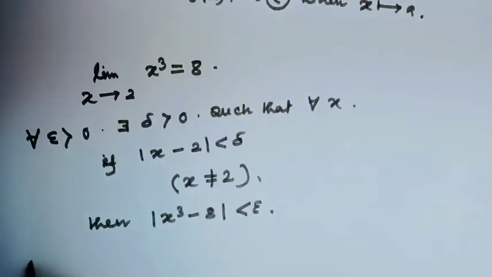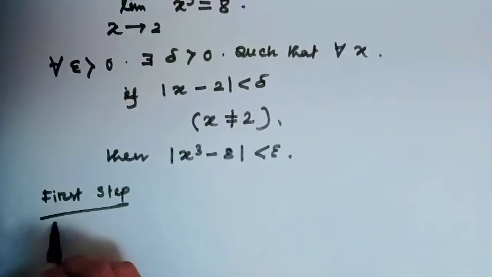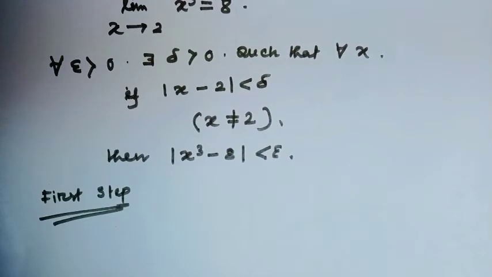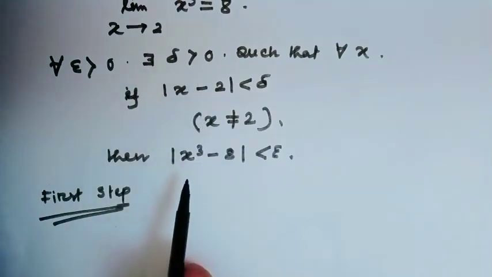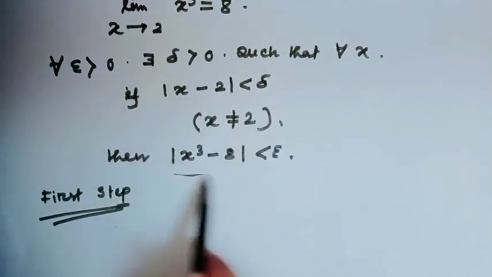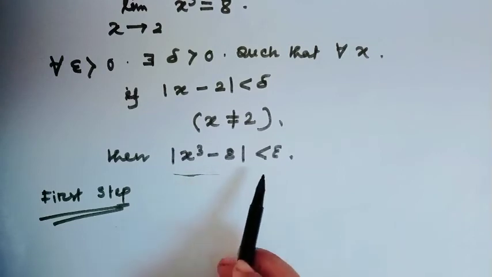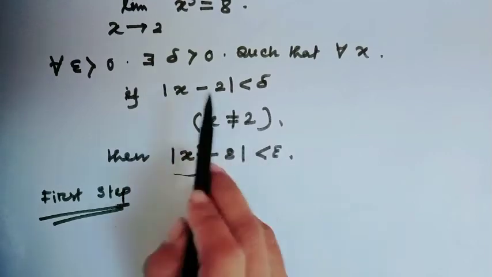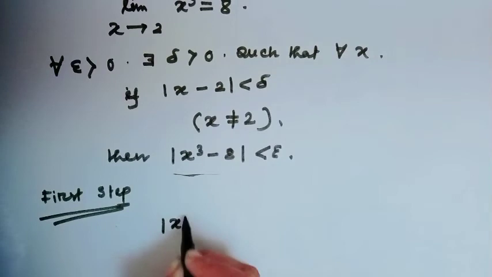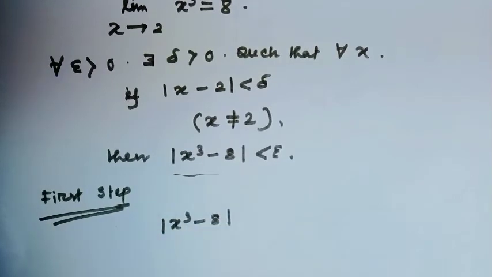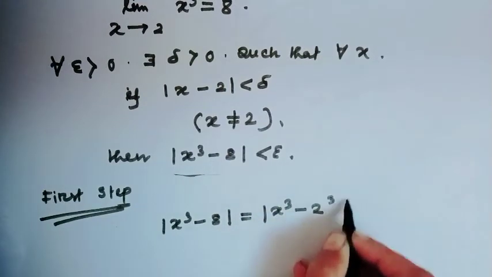First step, find delta. Start from the term, the modulus of x cubed minus 8 less than epsilon, and try to find such a delta. The modulus of x cubed minus 8 is equal to x cubed minus 2 cubed.